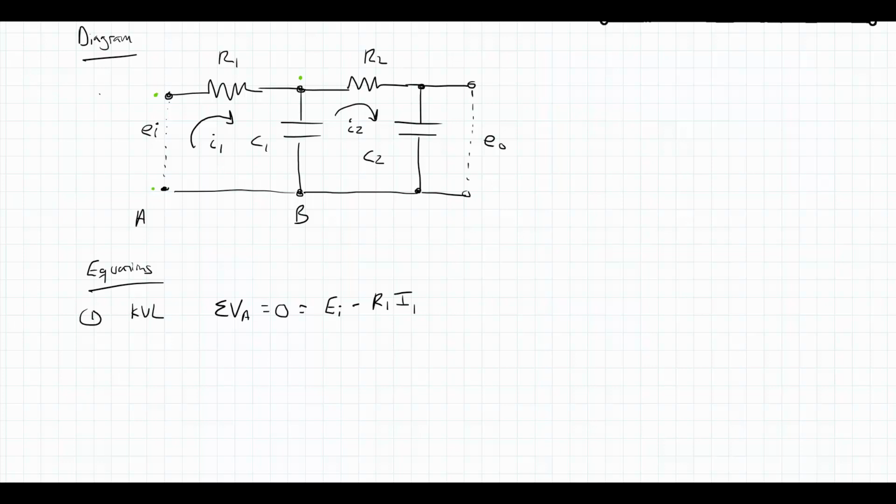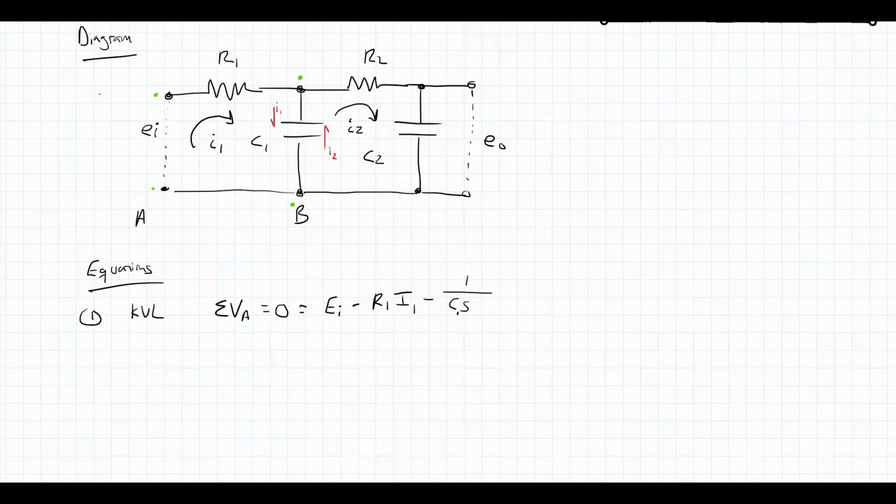Next, I'm going to choose to go from my current position up here down to point B across capacitor C1. I'm going with the direction of I1, but when I subtract here, I'm going to have a 1 over C1 S. The tricky part about C1 is that it is affected by two currents, I1 and I2. On the left-hand side, when I get across C1, I1 is going down, but on this side, I2 is going against it.